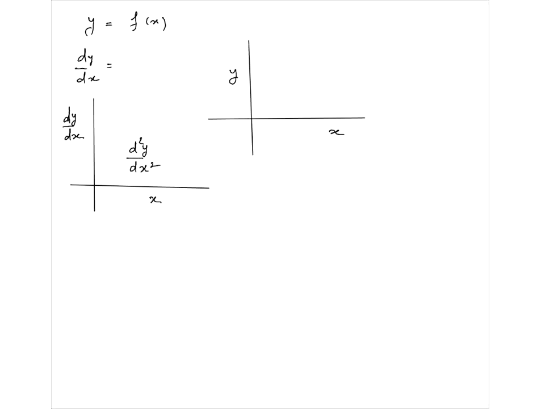So d2y dx2 is nothing but the slope of the tangent when you plot dy by dx with respect to x. Any other question about differentiation, let me know, or I am moving on to integration.